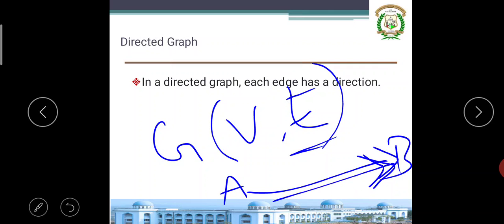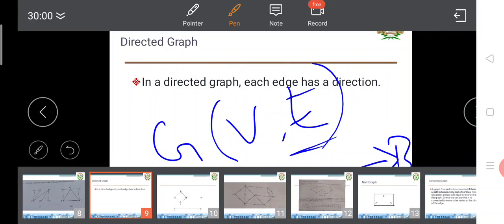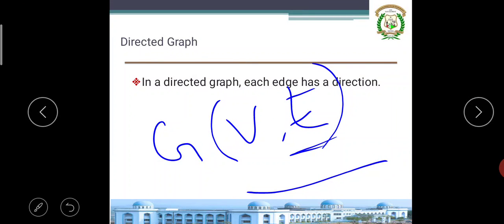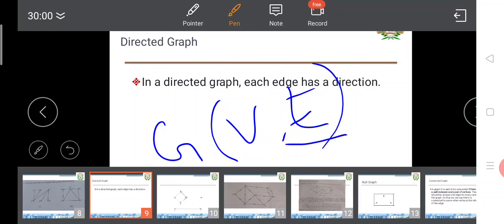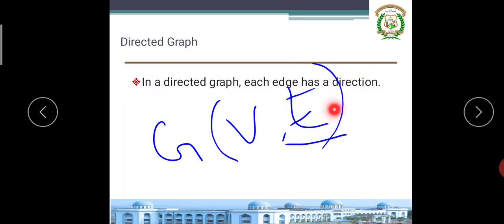So a directed graph is a non-empty set of vertices and directed edges.